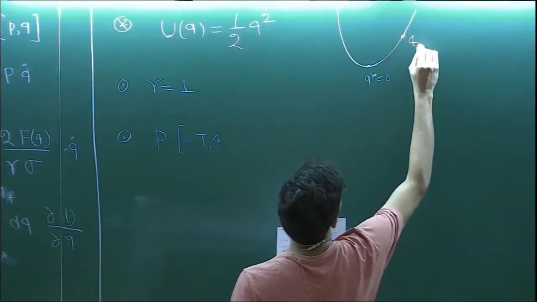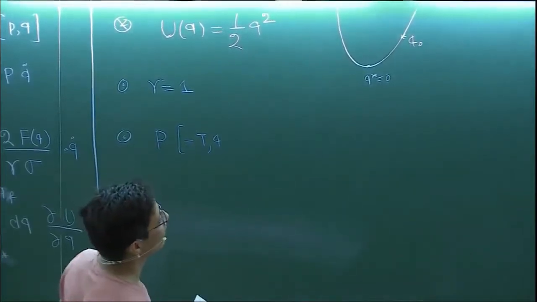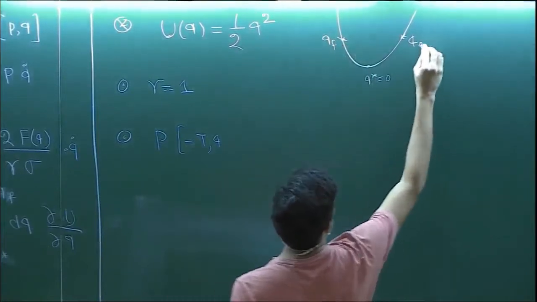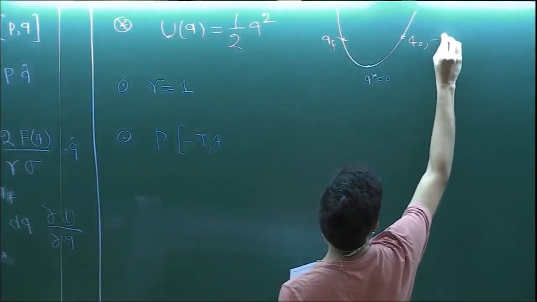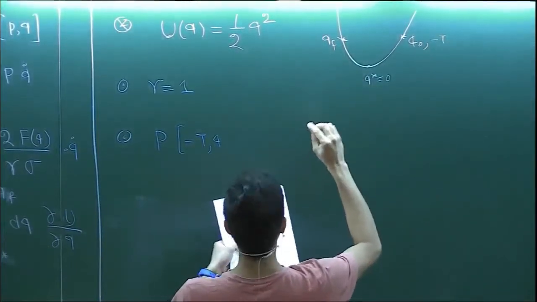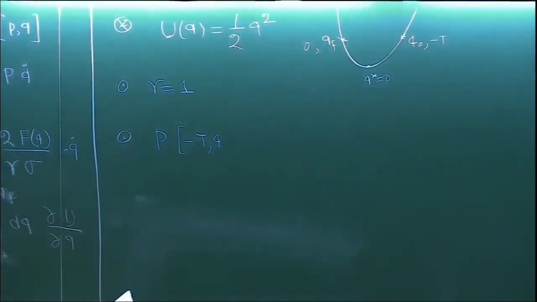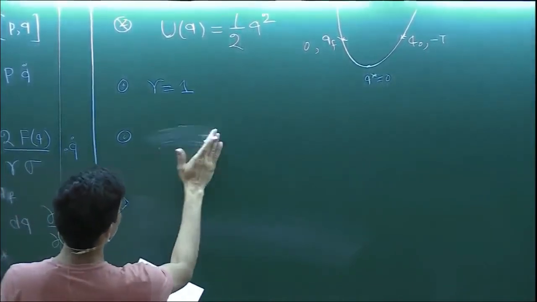Let's call this Q0. And I want to be at some other point, at QF. I'm going to start at minus T, and I want to be at time 0. And then I want to look at this probability.